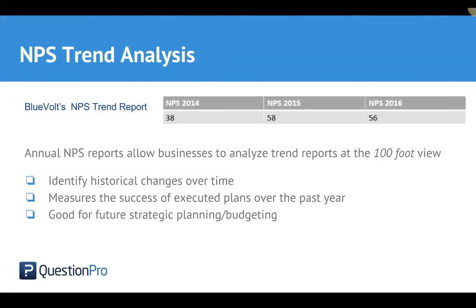That really increased the NPS the following year in 2015. And then in 2016, it dropped slightly because, as you saw on the other slide, there are certain areas of the business that felt neglected versus others. So we did suffer from that slightly, but it's still a very high score.